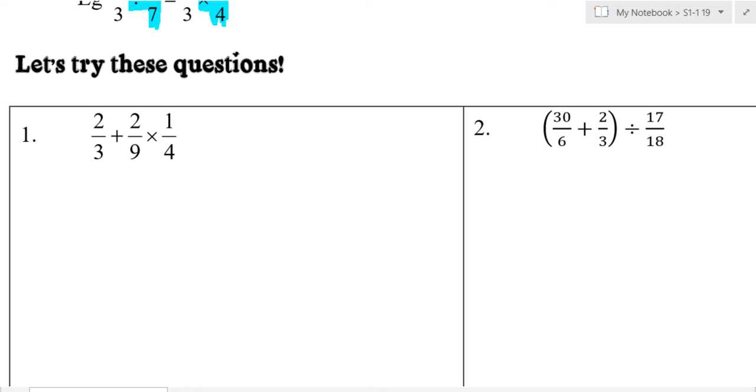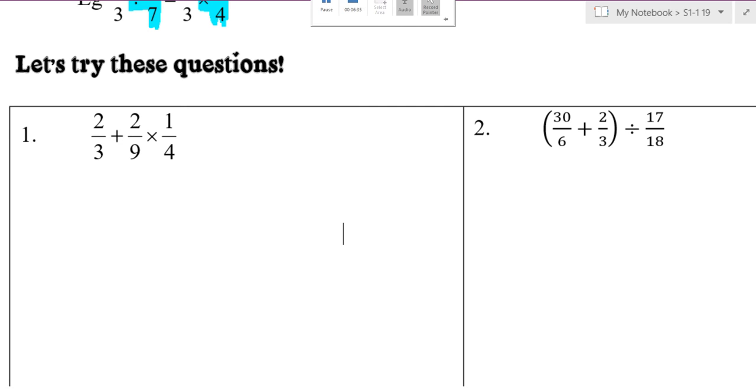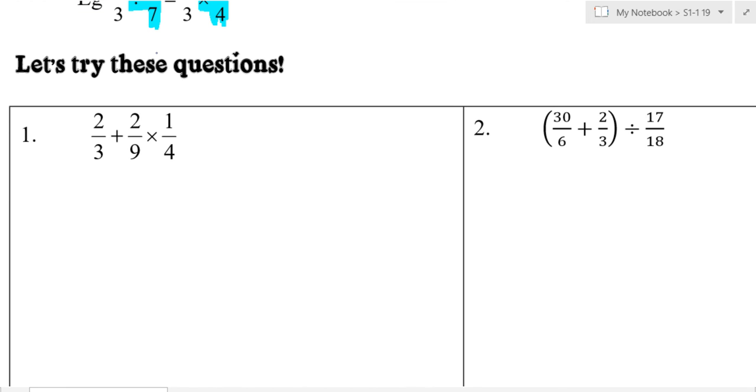Okay, try the first one. What do you do first? Shi Ting. What do you do first? Times. Abhishek, she says times. Can you help me complete? What times what first? Which one times which one?